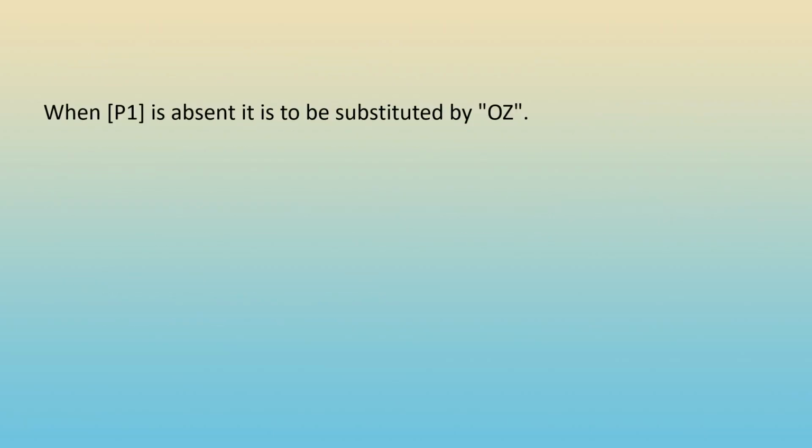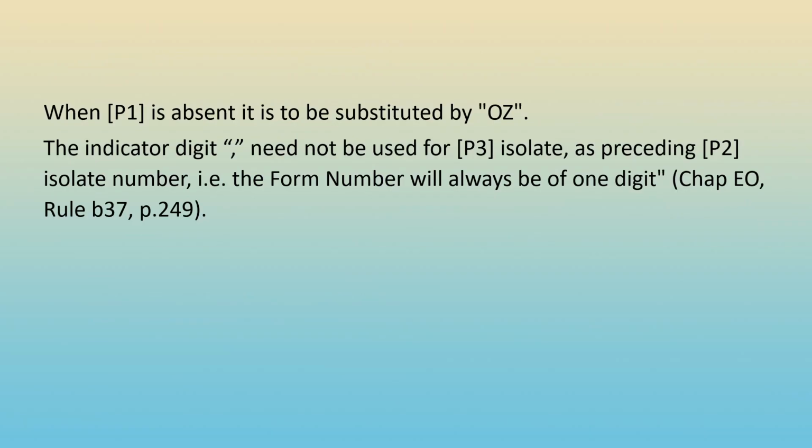When P1 is absent, it is to be substituted by capital O, capital Z. The indicator digit comma need not be used for P3 isolate, as the preceding P2 isolate number, that is the form number, will always be of one digit. See chapter EO rule B37 in page 249.